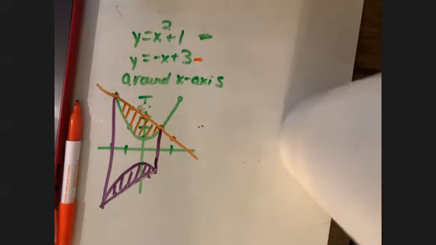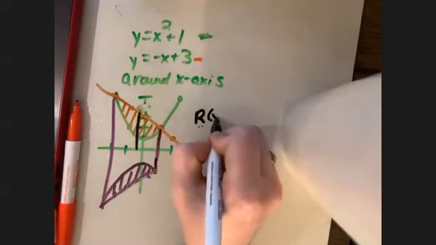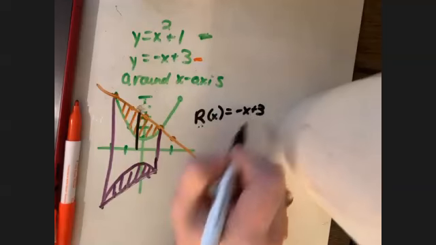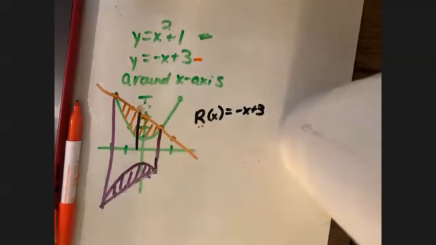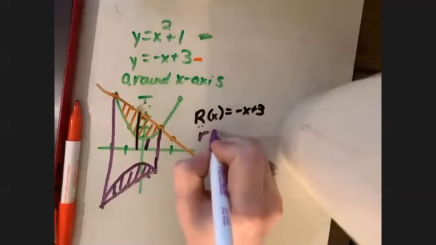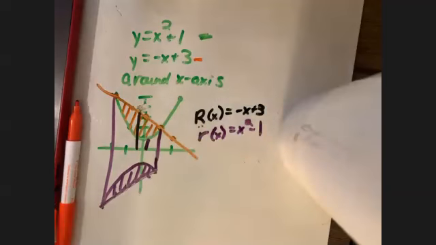Okay, so big outside radius is going from here all the way up to here. So big R of x is going to be negative x plus 3. That's up there at the line. Little r is going to be this inner radius, and that is going to be x squared minus 1.